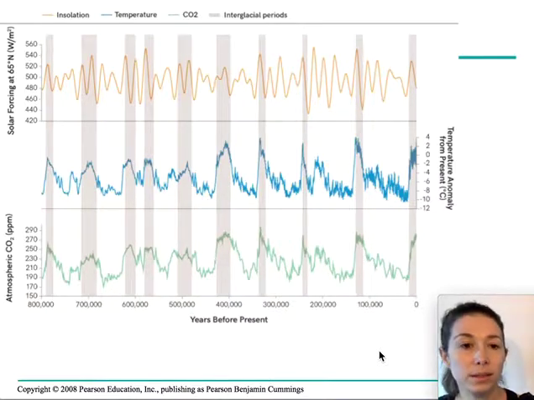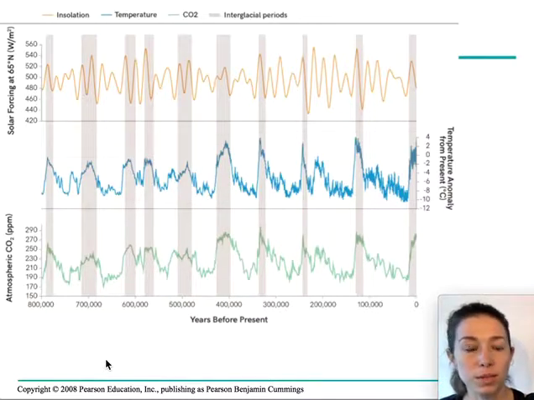That is, to me, pretty conclusive evidence that an increase of CO2 in the atmosphere will in fact lead to Earth getting warmer. And if you pay attention to the time scale that we're looking at here, we're looking at very, very, very long time scales.